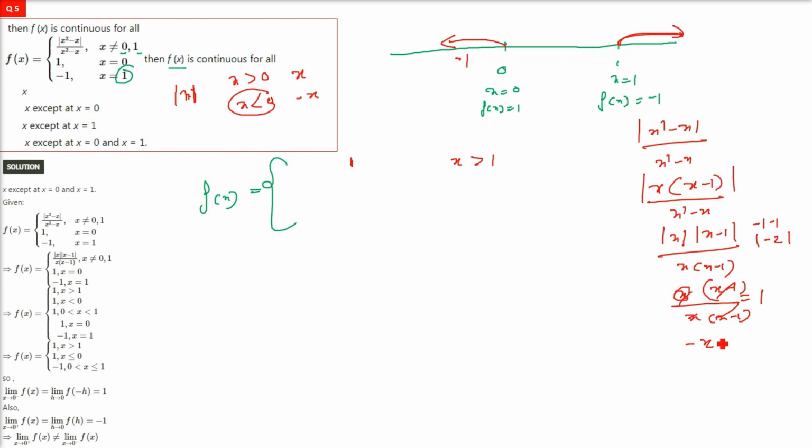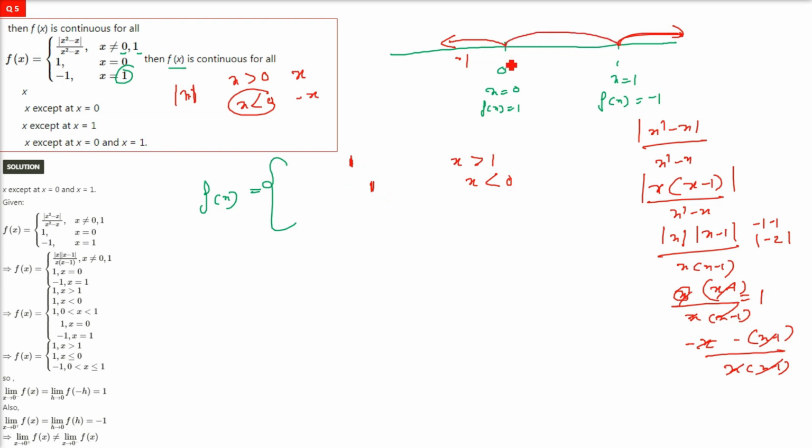So it will be negative 2. Minus 1 is negative 2. So minus x and minus (x minus 1), if you remove the modulus, denominator you have x and x minus 1, you can cancel these. Minus is plus. So if x is less than 0, then both numerator and denominator are equal, negative cancels out. So this is also 1. I hope you got the idea. This is the whole crux of this question.